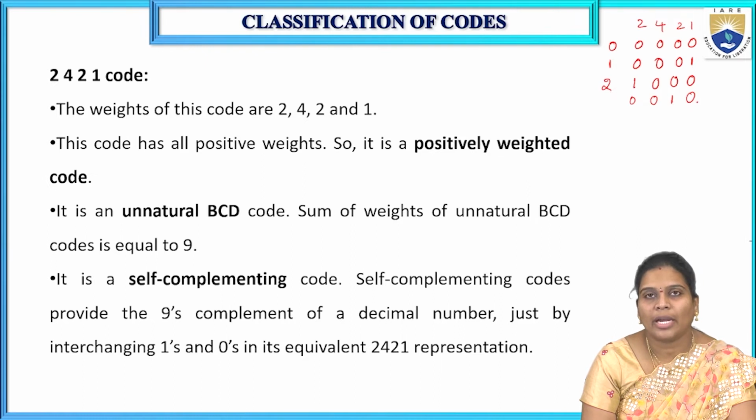That's why the binary values do not follow this 2421 code. Why? Because it might be confusing. Either we can write this one or this one. But coming to this 8421 code, we are writing only one way.